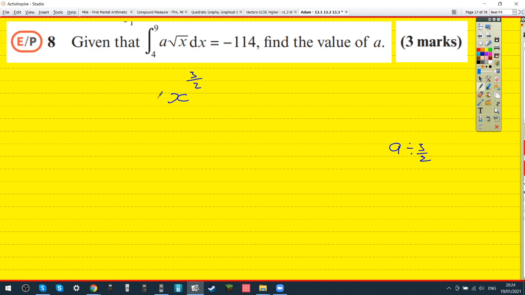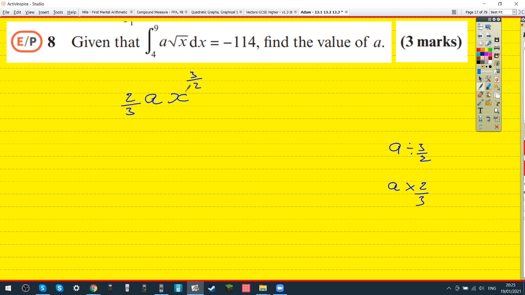How do you divide fractions? Keep, change, flip. So you keep and then multiply, then flip it. So it'd be a times 2 over 3, which gives you 2 over 3a. So that's 2/3 a x to the 3 over 2.